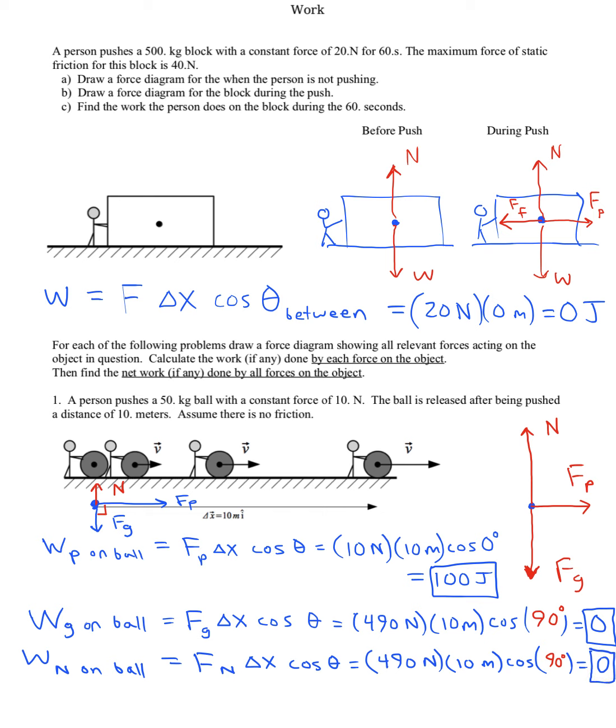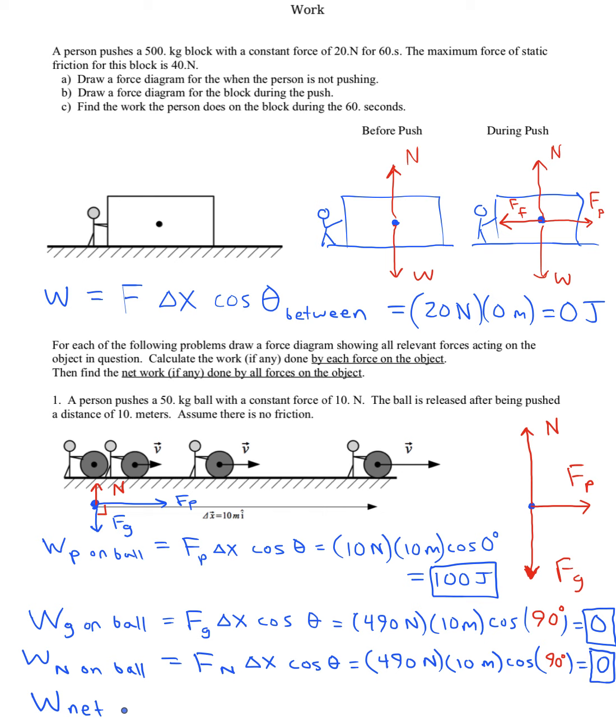So now we know what force is really responsible for doing the positive work here. It is the push of the person on the ball. And that is actually going to be the net work as well.